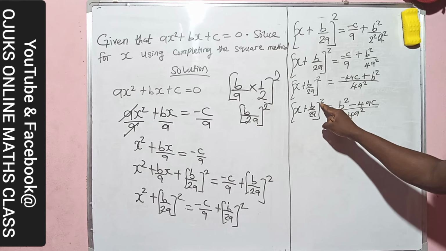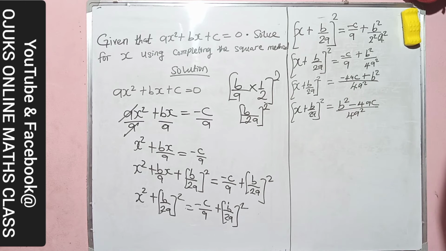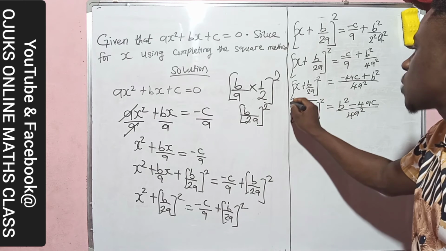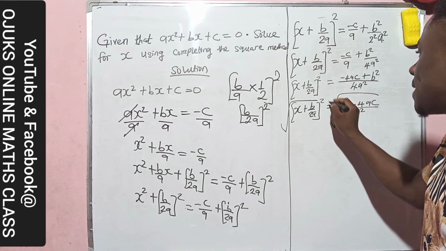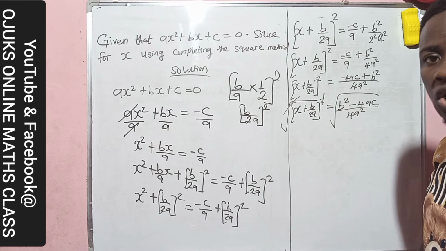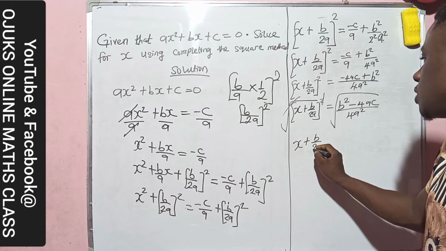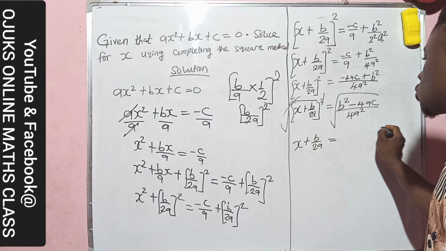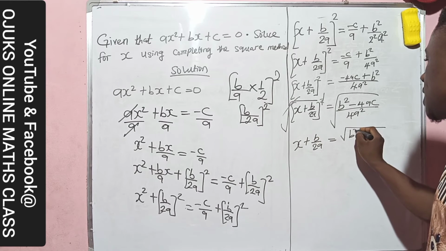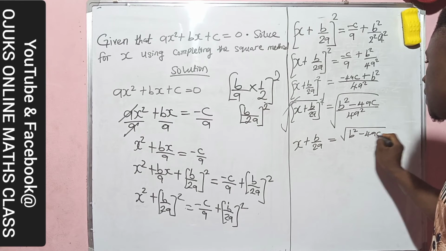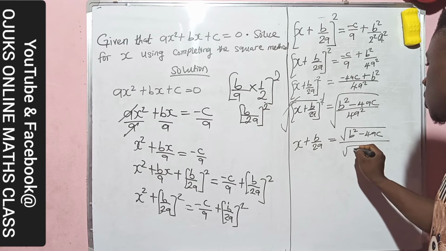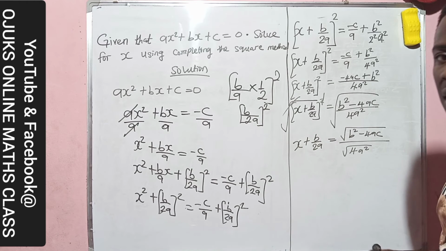To remove this square, I have to find the square root of both sides of the equation. So when I find the square root of both sides, the square will cancel that square root. So in return, I'm having just x plus b over 2a equals square root of b squared minus 4ac over square root of 4a squared.